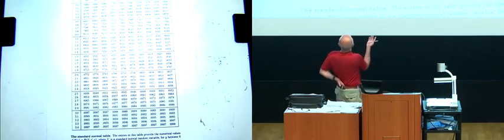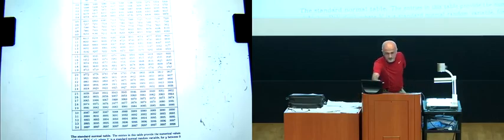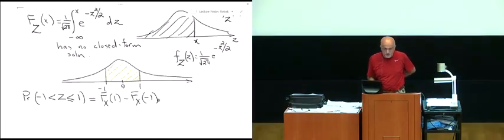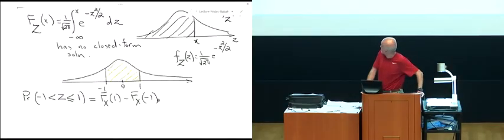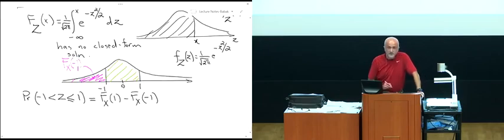So how do you figure out F at -1? Look at this. The table doesn't give you any negative values. So talk to me. What is F at -1? F at -1 is this area, correct? F_X at -1.